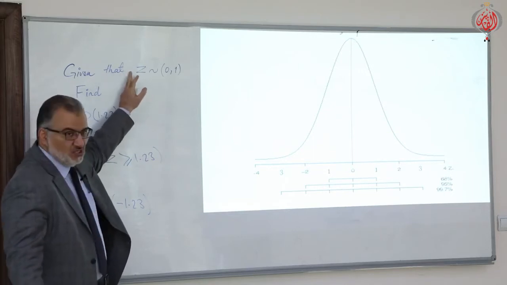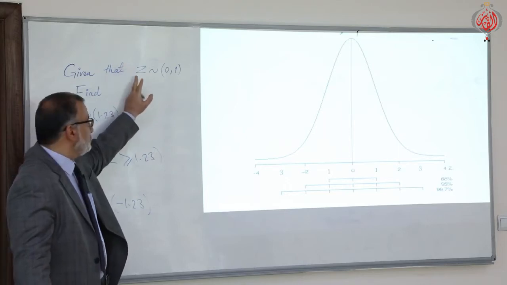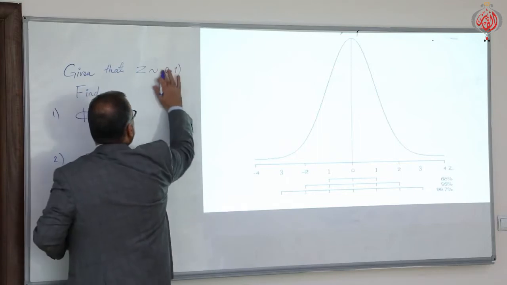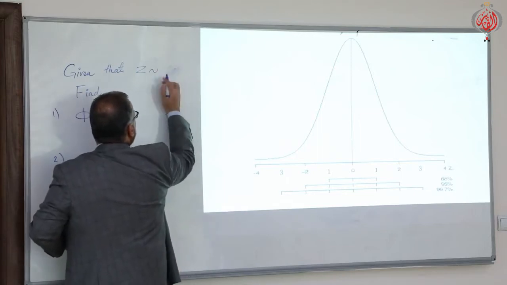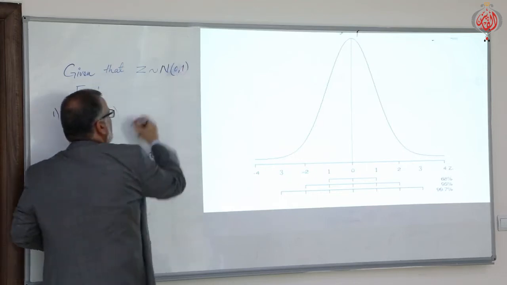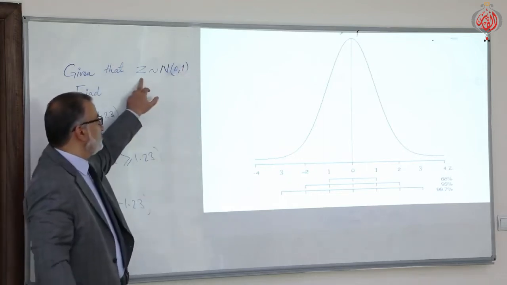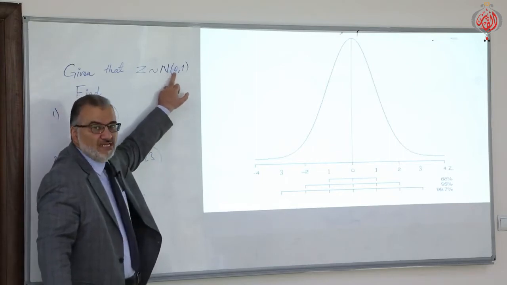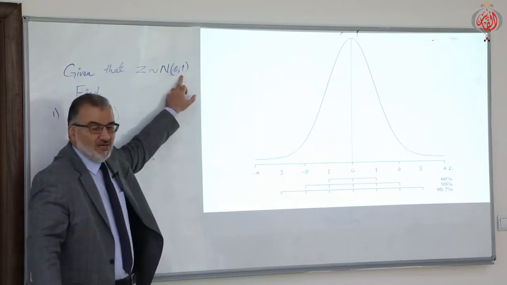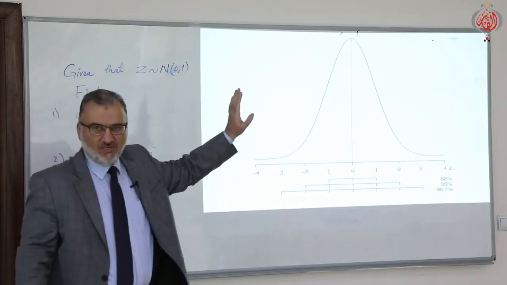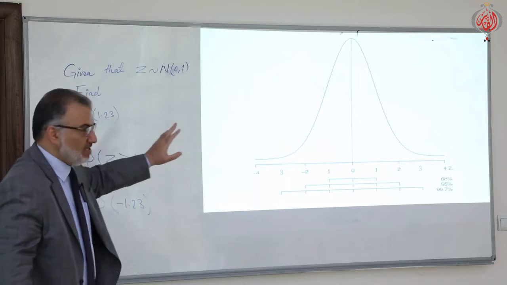Z is a continuous random variable, which is standard, of course, and follows the normal distribution with mean mu 0 and variance 1. This means it is the standard normal distribution, the standard normal variable Z.